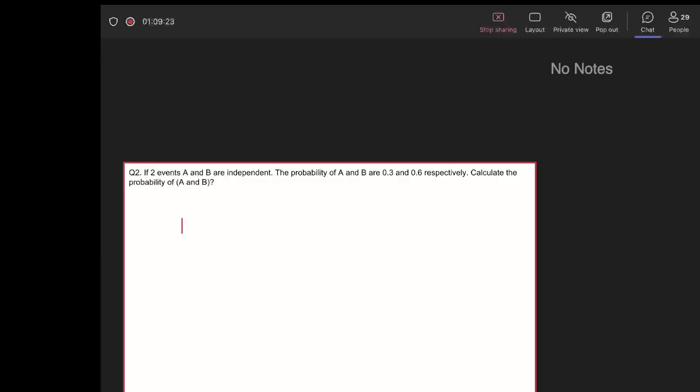So probability of A and B, you just have to multiply the two: probability of A into probability of B.